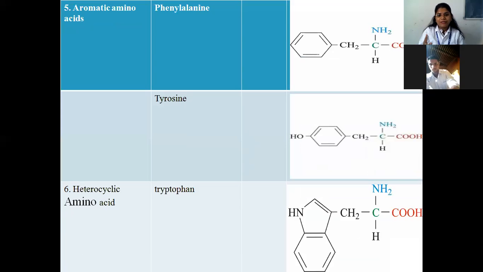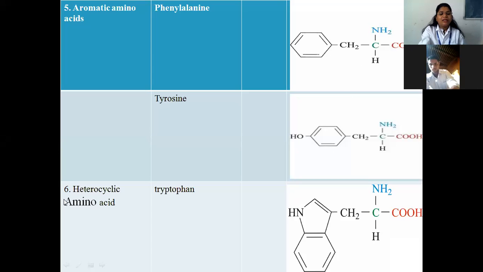The name itself indicates there will be an aromatic ring. If an aromatic ring comes, in our mind it is clear that it is a benzene ring. So see these two examples, phenylalanine and tyrosine. Both contain the benzene ring, attached to the alpha amino acid. Only the R group changed. The remaining structure will be the same.